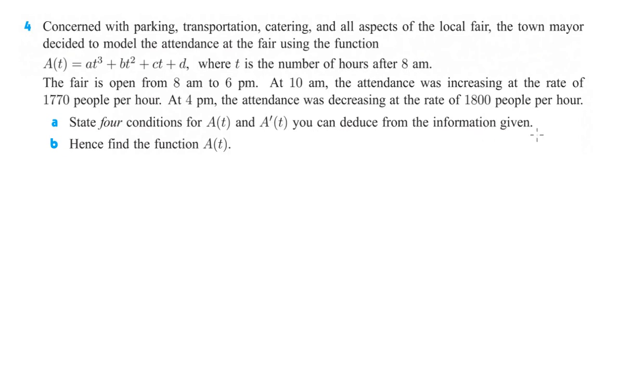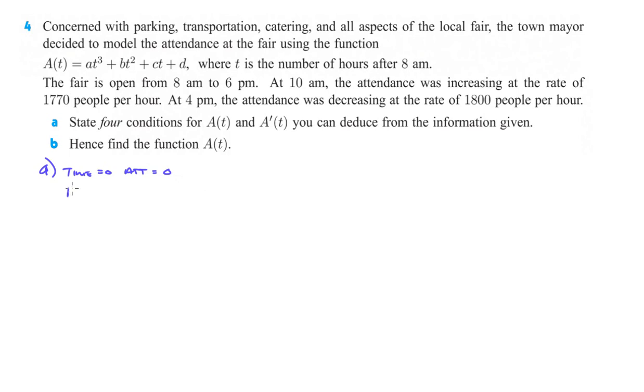Okay, so for part A here, we know before the fair is even open at 8 a.m., and that's hours after 8 a.m., so that's going to be time equals 0, the attendance will also equal 0, right?